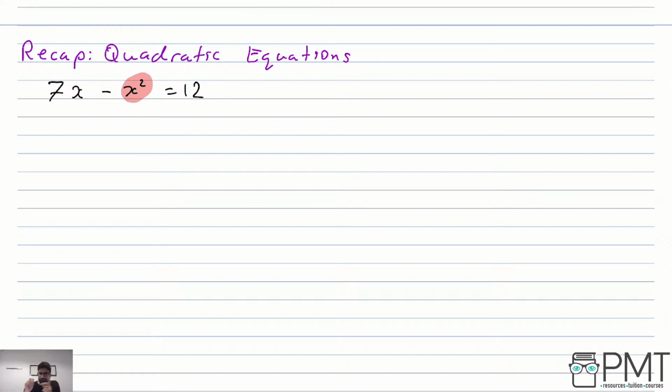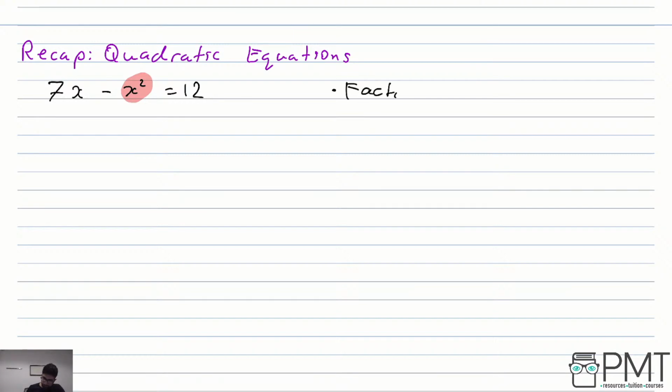So solving this, the first step here is moving all the terms onto one side, and then you can use either factorization.